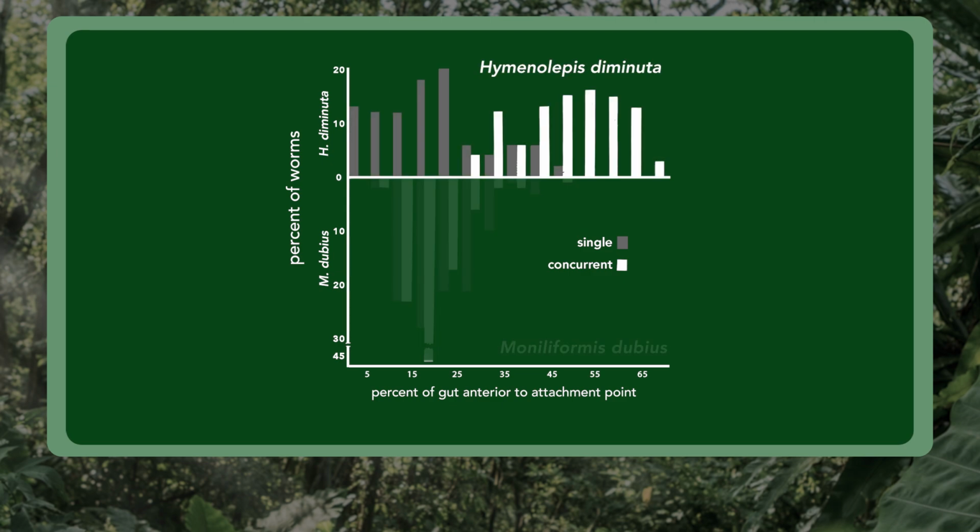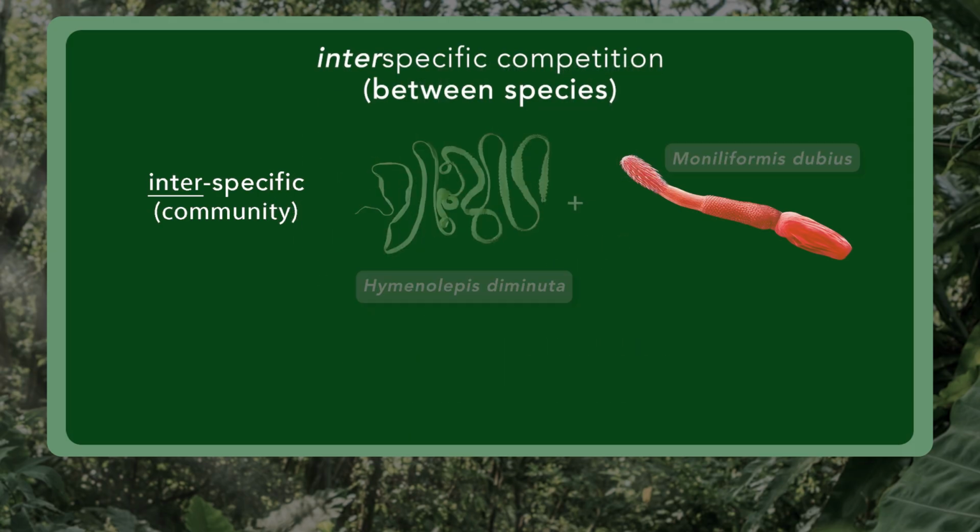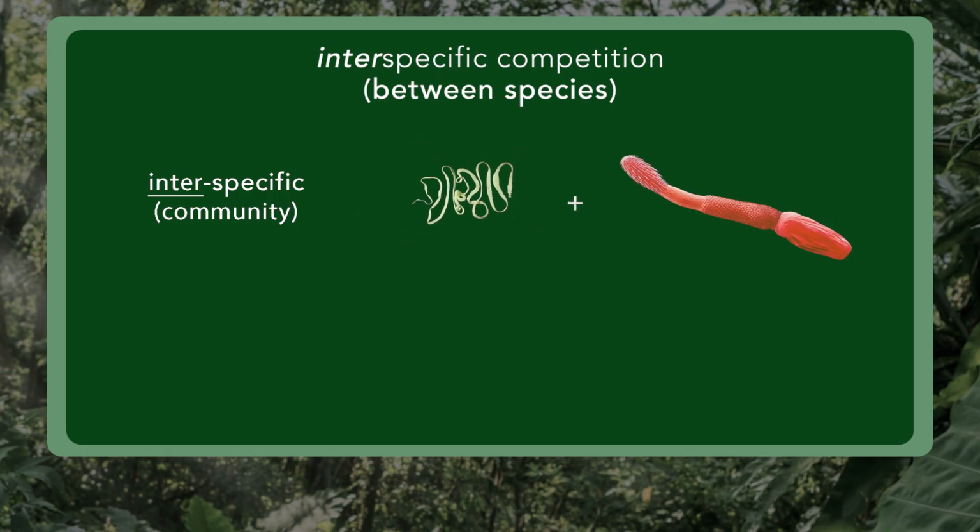From this, we infer that Hymenolepis diminuta is being displaced from those preferred habitats at the anterior portion of the gut. So we see competition between these two species. The acanthocephalan is the superior competitor, and it displaces our poor little rat tapeworm. Our rat tapeworm is forced to occupy suboptimal habitat, and it has reduced fitness in that habitat as a result of competition with the acanthocephalan.